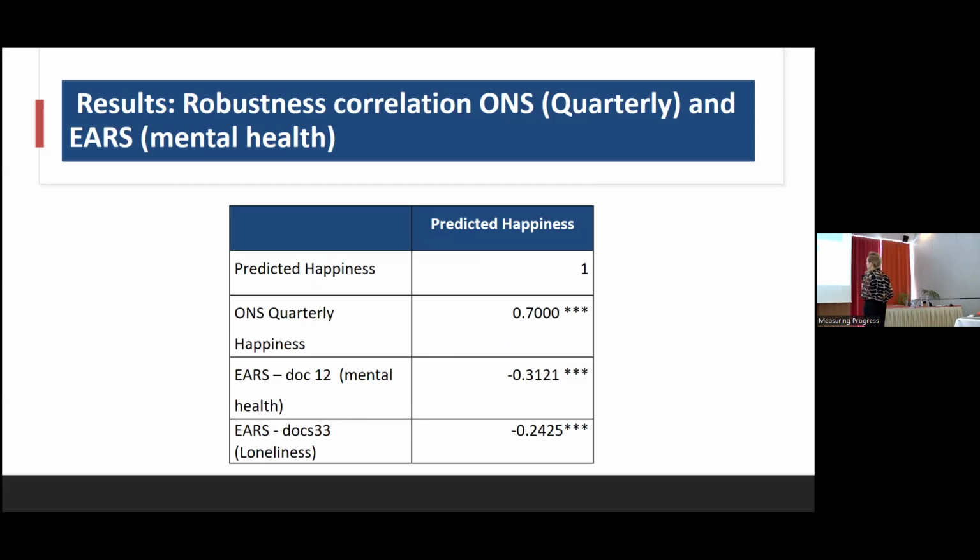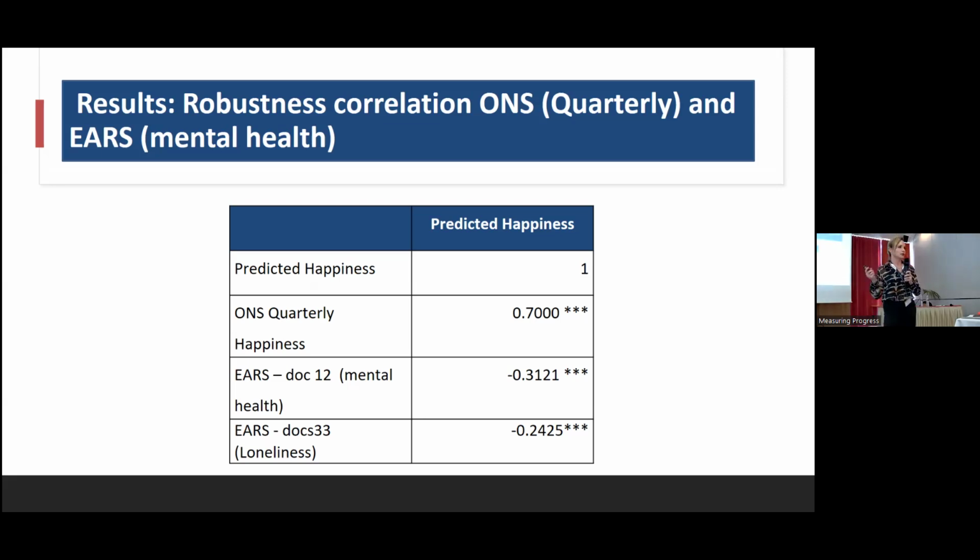Okay, so robustness, how did we check the robustness? We correlated it with a few other variables which are validated, accepted, trusted, and we also checked for time invariance.